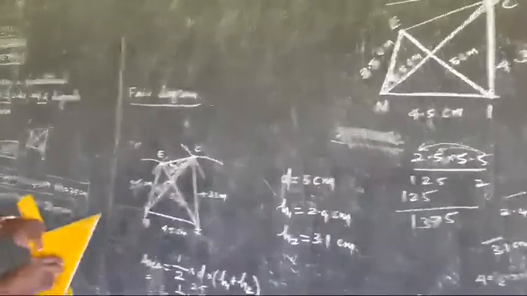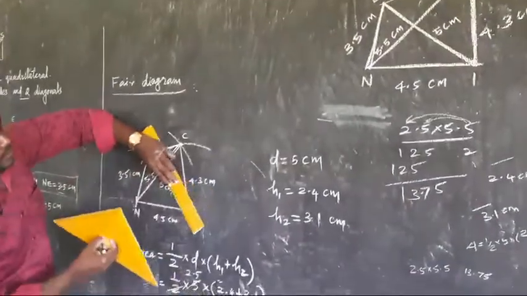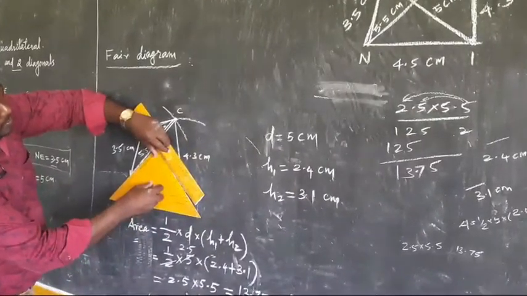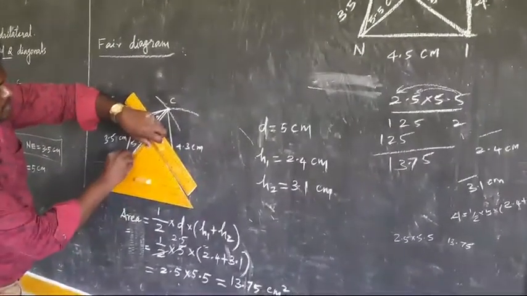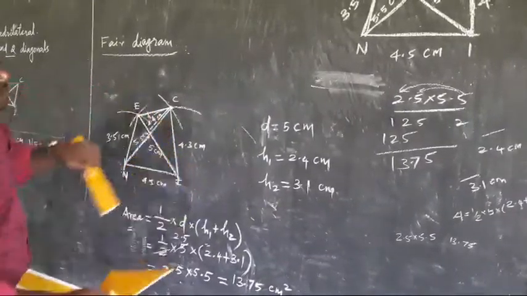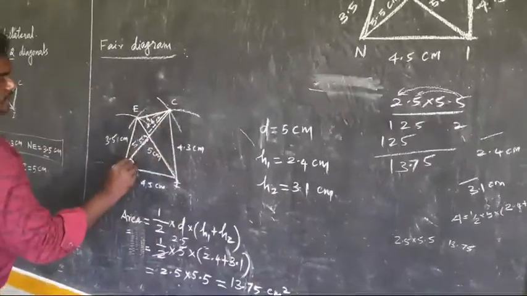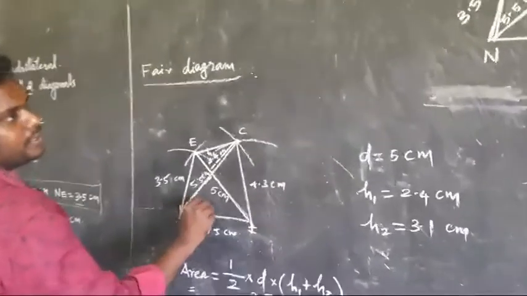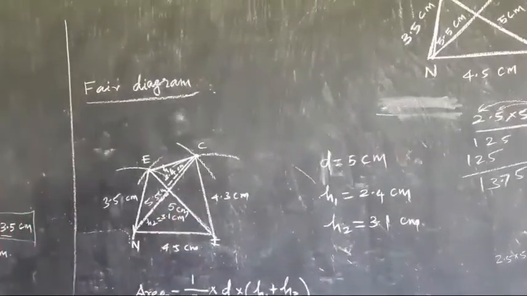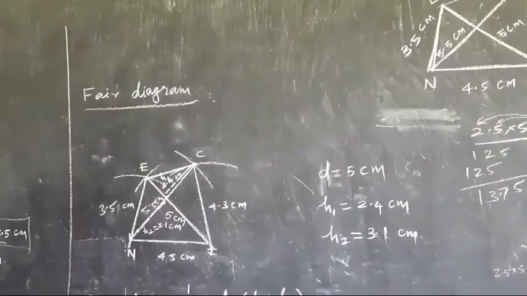Similarly, H2 is 3.1 centimeter. So next we are going to find the area.